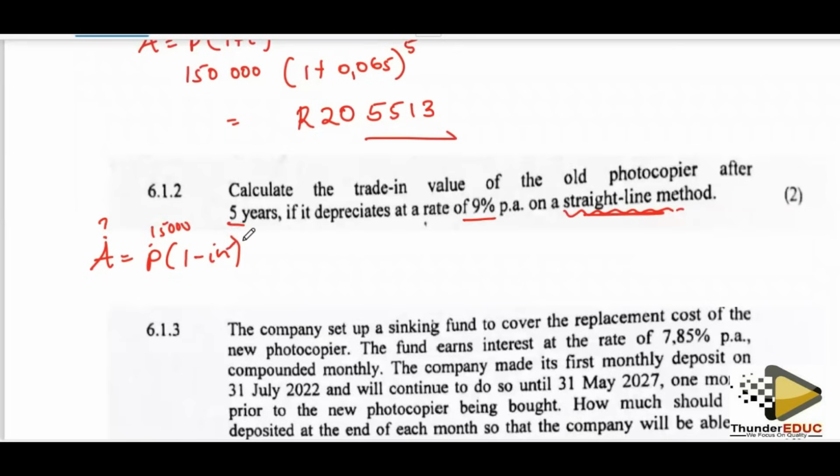We know that our n is going to be 5 and the i is 9%. So substitute that: 150,000 into 1 minus 0.09 multiplied by 5. Put this in your machine: 150,000 into 1 minus 0.09 times 5. I'm getting 82,500.